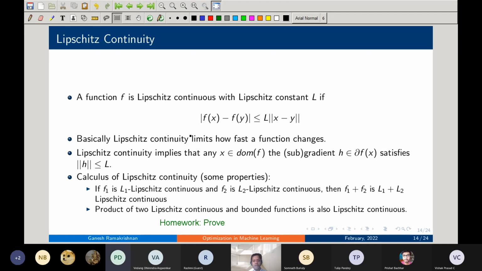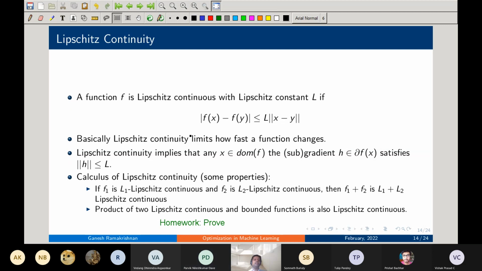So Lipschitz continuity is important. Does the constant L have to be the same throughout the domain, or can it be variable? That's a good point.